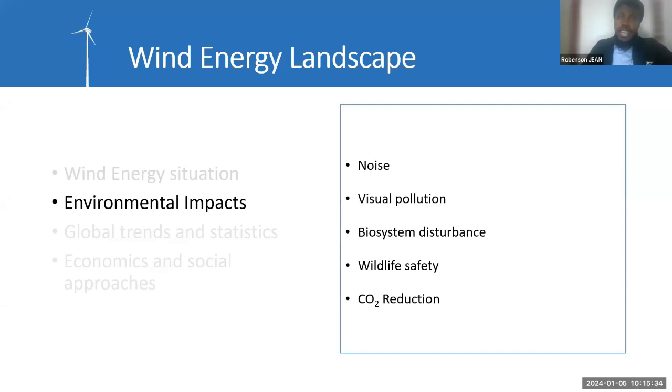But they emit some kind of noise, unfortunately. So it is like an acoustic pollution. Also, there is a visual pollution, because when the blades are rotating there is the shade of the blades. Sometimes some people report that the shade of the blades is bothering. So it is a kind of visual pollution.